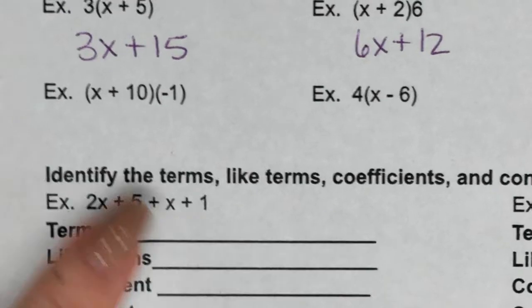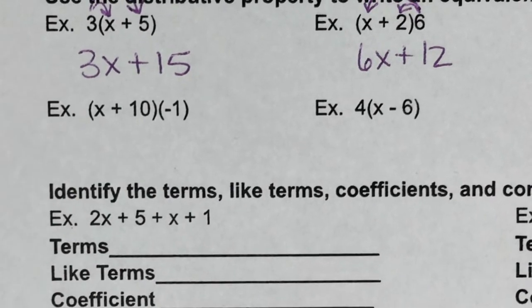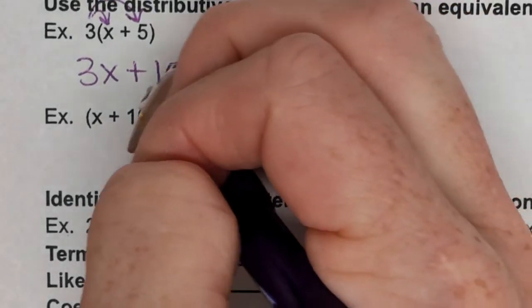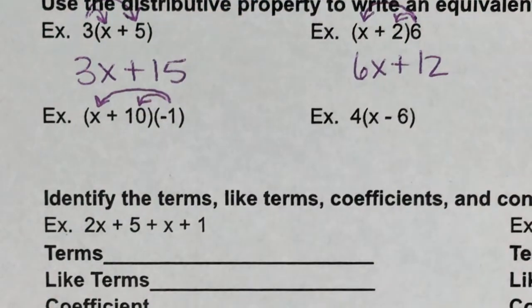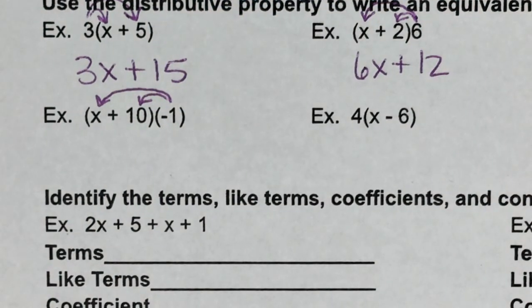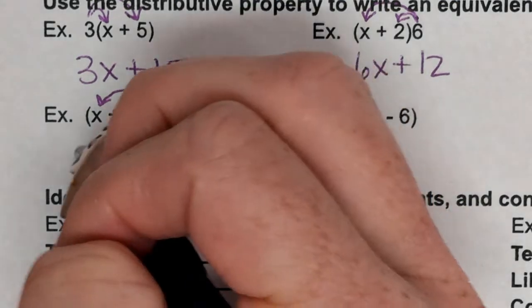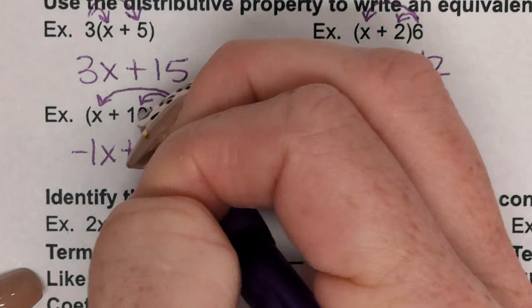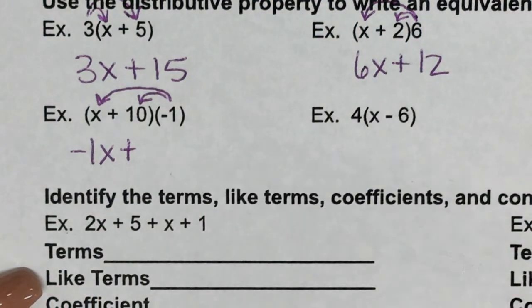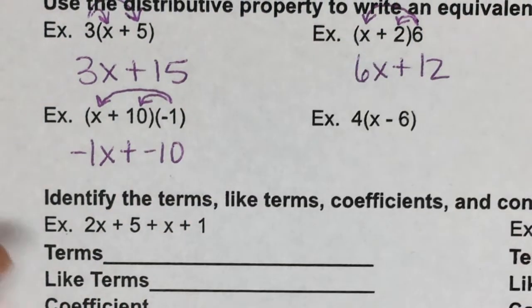Let's look at the next one. What am I distributing? So negative 1 goes to x, negative 1 goes to 10. What is negative 1 times x? Negative 1x. Plus, what is negative 1 times 10? Negative 10.